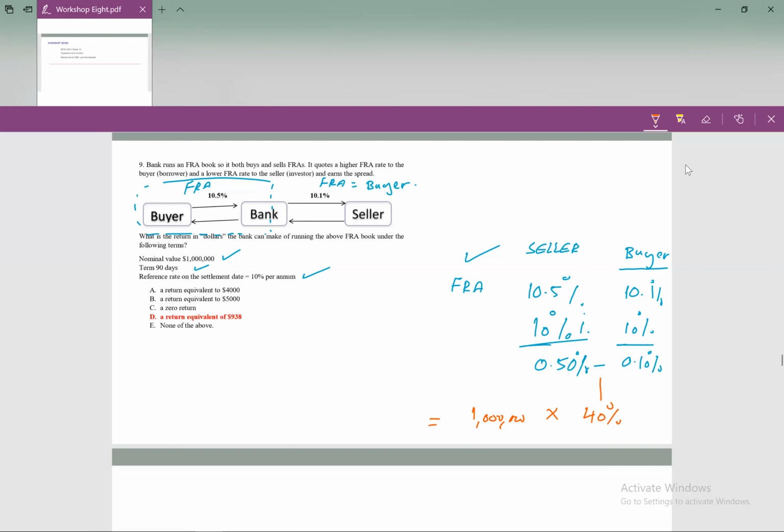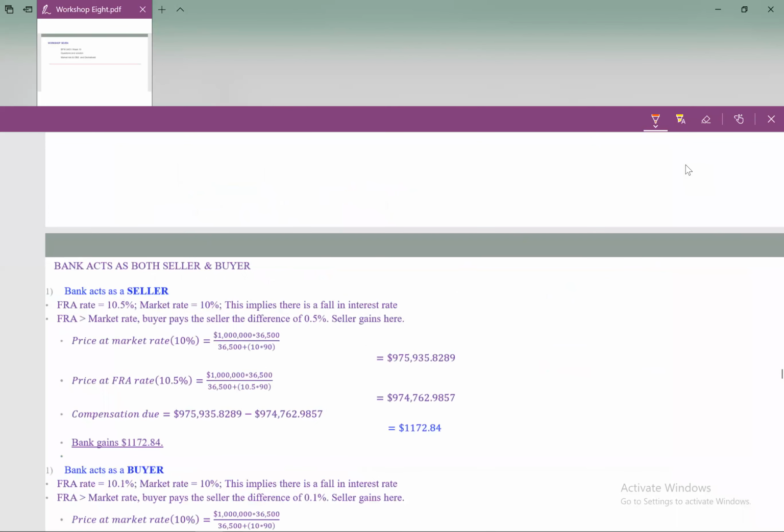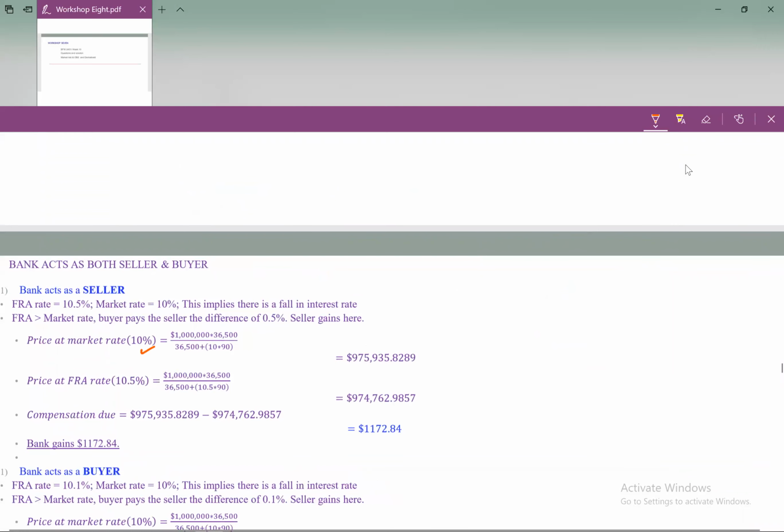It doesn't work like this, because there is discounting involved, so you have to do it like this. You have to do it first when it is 10% and 10.5, and then you calculate the two and get the difference among them. The bank gains.